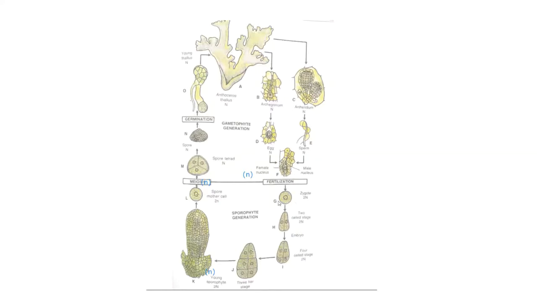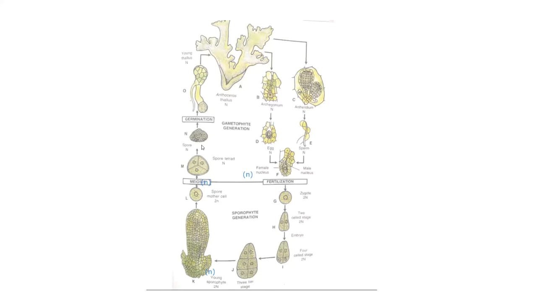After fertilization, the zygote is formed, which is the beginning of the sporophytic generation. The zygote divides and redivides into the young sporophyte. The young sporophyte will have the foot, the capsule, and the intercalary region. At maturity, it produces spore mother cells. The spore mother cells undergo meiosis to form spore tetrads. Individual spores germinate and they give rise to the new gametophyte.